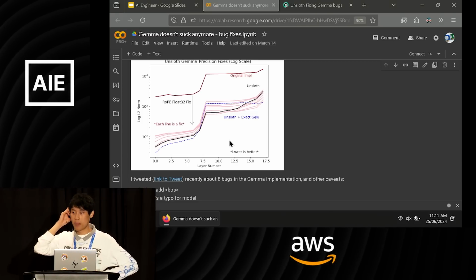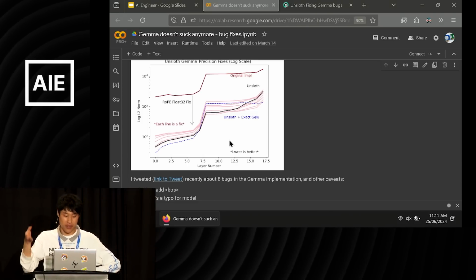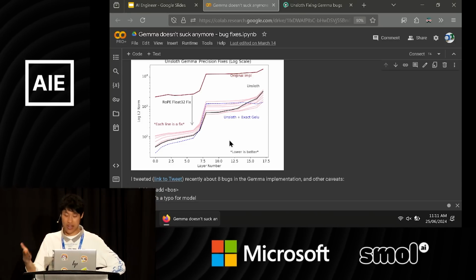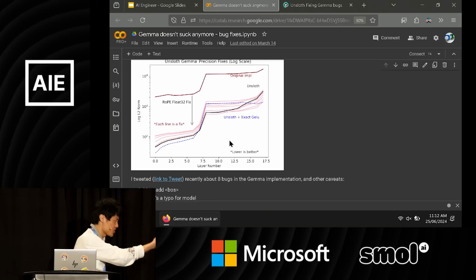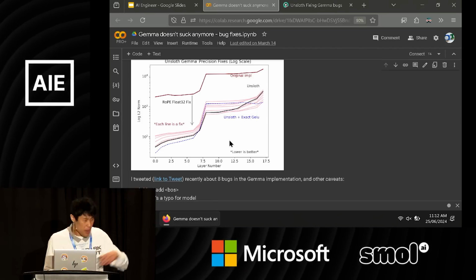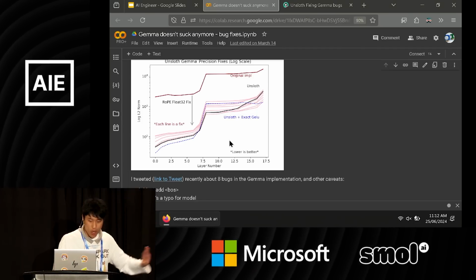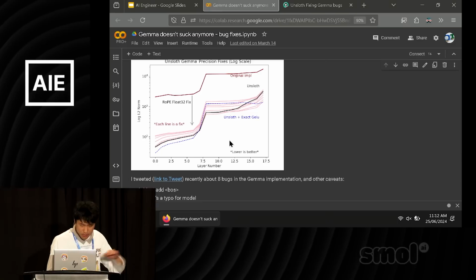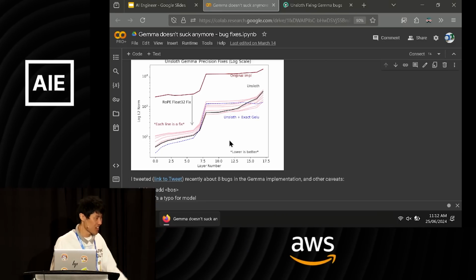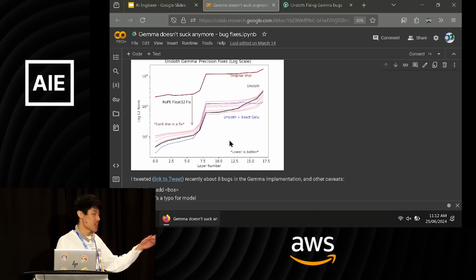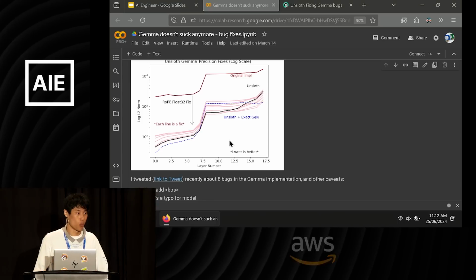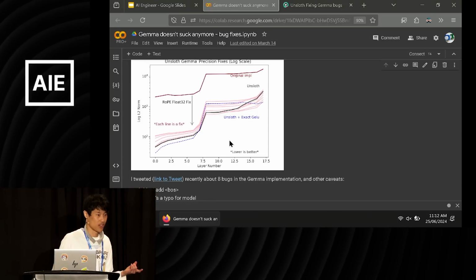Remember, the trick is you have to match the original implementation of whatever the Gemma model creators did, so you can't just look for this one error. Maybe if someone chose different fixes, you could get an even lower training loss, I guess you could. But we chose the black line because that's what the original implementation did.